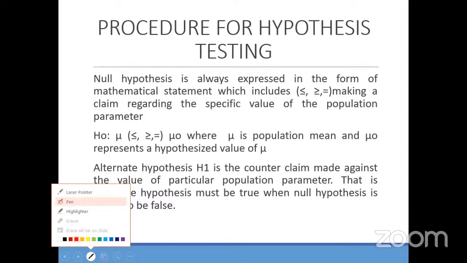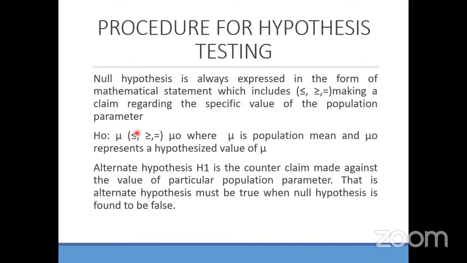Similarly, if null has an equal to sign, then alternate will have a not equal to sign. This is very important to consider: which sign is taken in null will determine the sign of the alternate hypothesis.